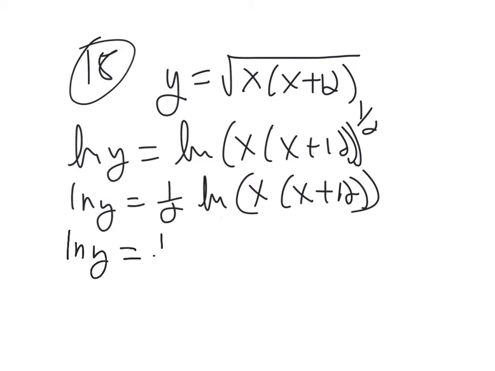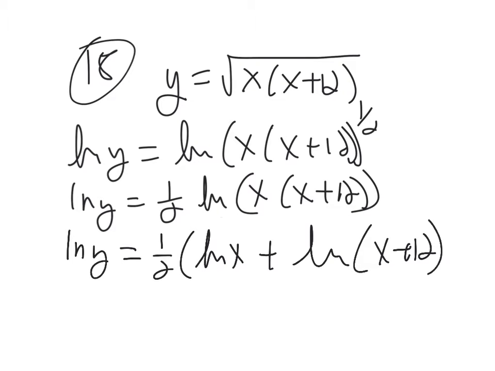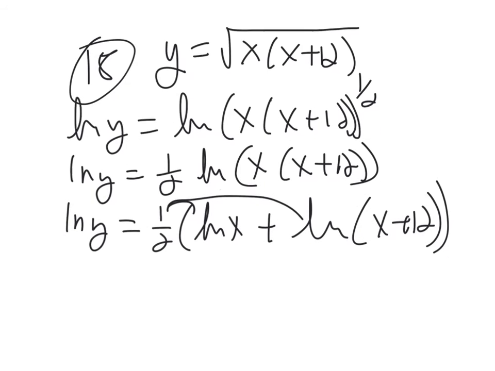So 1/2 times ln x plus ln of x plus 12. And then, honestly, I'll distribute that 1/2 through, just so I don't lose it, and sometimes it makes it easier to have done that.